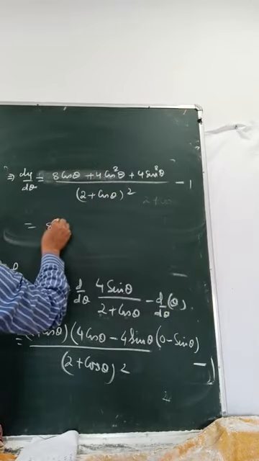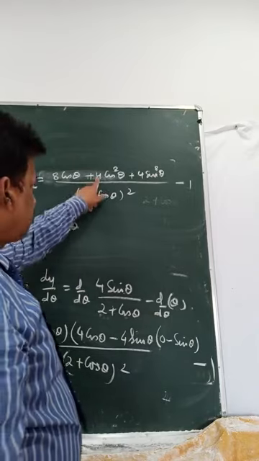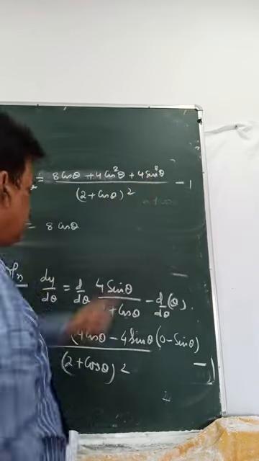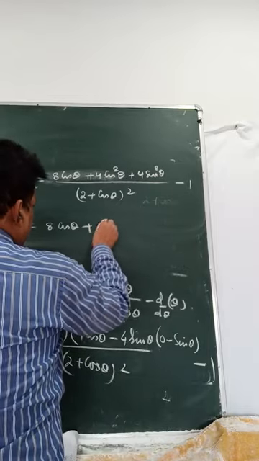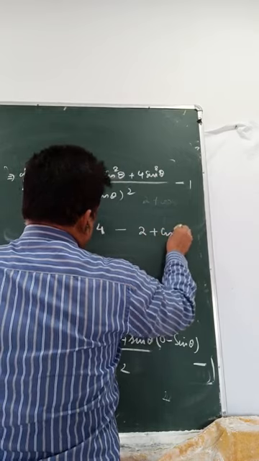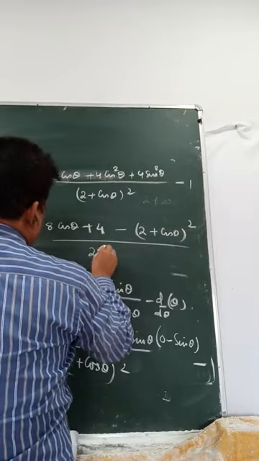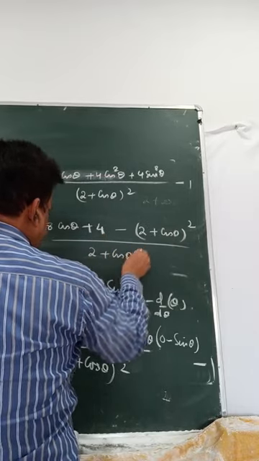Again that is 8 cos theta. If I take 4 common, cos square theta plus sin square theta is 1, plus 4, minus 2 plus cos theta whole square, divided by 2 plus cos theta.